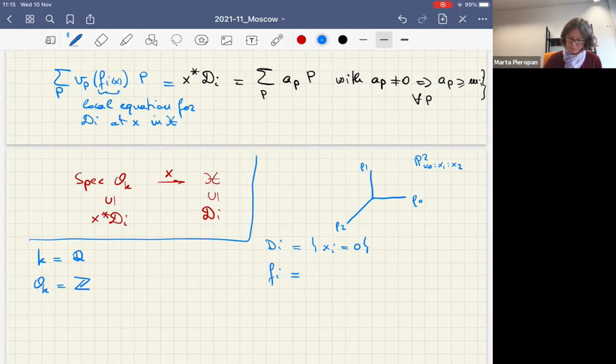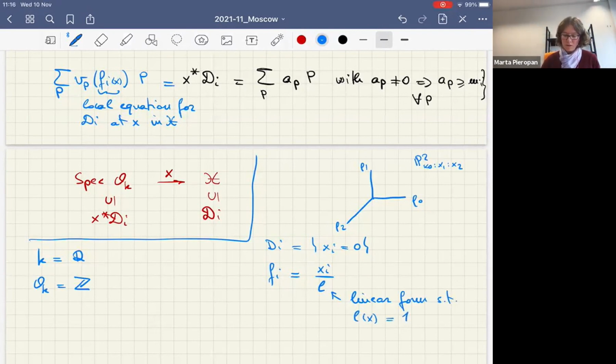So what we are asking for here is, let's look at a local equation around my point. So we fix a point, and then a local equation for Di is going to be just xi divided by L, where this L here is some linear form such that L of the fixed point is 1.